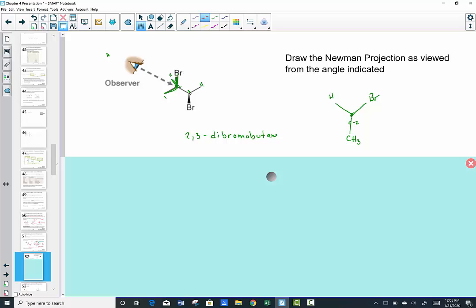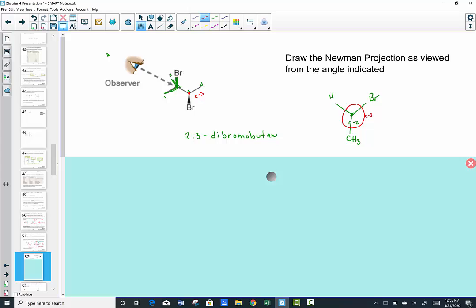Now turn your attention to the 3rd carbon, C3. I'll change color to red. What do we see? Well, first of all, notice that we use an open circle to represent carbon 3. That's because when I'm looking straight down the bond from carbon 2 to carbon 3, I don't see that 3rd carbon. It's hidden directly behind carbon 2.